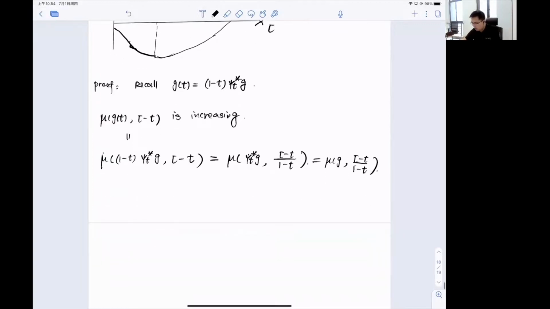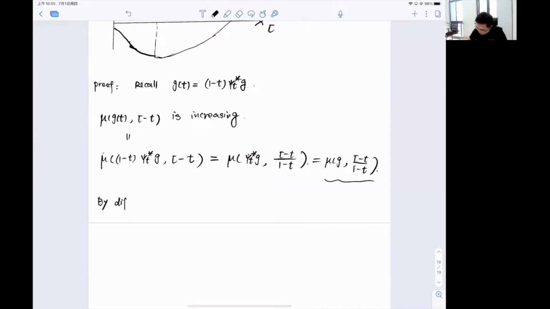Okay. So this means for any tau, as long as t is less than the minimum of 1 and tau, the last quantity, mu g, (tau minus t) over (1 minus t), is always increasing. So one can show by a different choice of tau, it's easy to see.